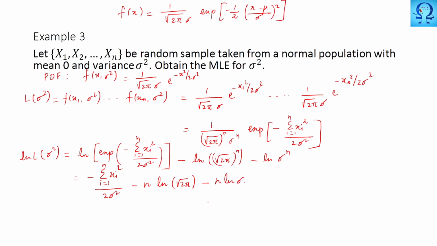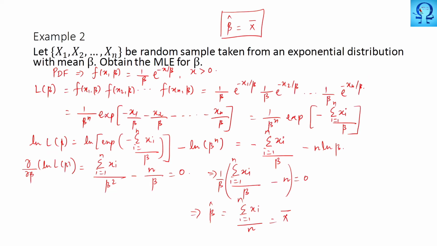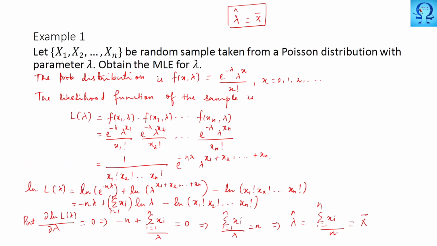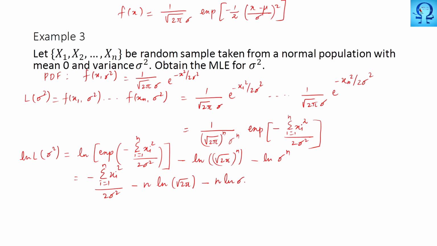Okay, now we need to differentiate it with respect to what? With respect to sigma square. In the previous two problems, we were just differentiating with respect to the respective variables, either beta or lambda. That was fine. Now we are going to differentiate with respect to sigma square. So if you can directly perform it, just do it. If not, what you can do is let this sigma square be some other variable u.